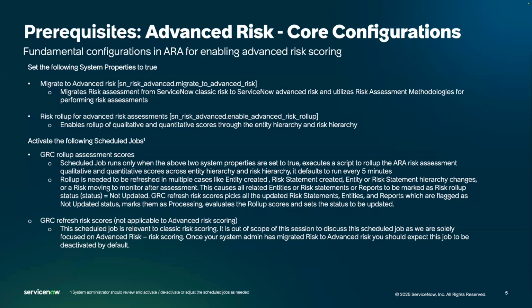Rolls up quantitative and qualitative scores across hierarchies. Defaults to every 5 minutes. GRC refresh risk scores. Well, this job is used by classic risk. This can remain inactive once you have migrated to advanced risk. Verify these configurations with your ARA administrator before building your risk scoring approach.